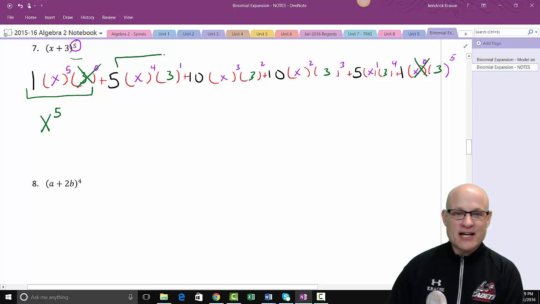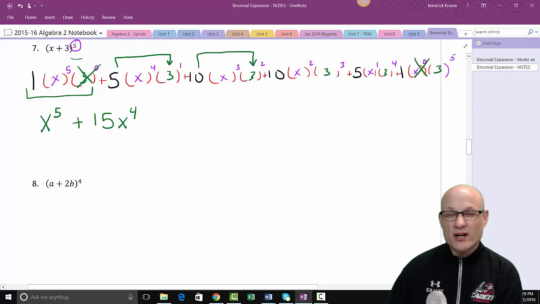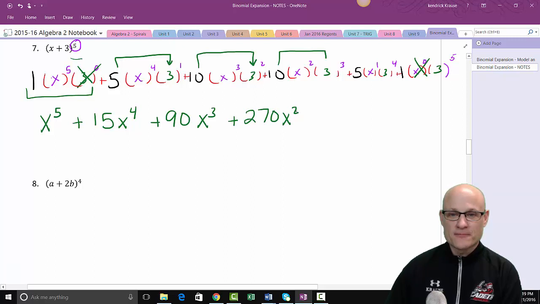This is 5 times 3, which is positive 15x to the 4th. This is 10 times 3 squared. 3 squared is 9, so that's plus 90x cubed. This is 10 times 3 cubed. 3 cubed is 27, so that's 270x squared. 5 times 3 to the 4th. 3 to the 4th is 81. 5 times 81 is 405.